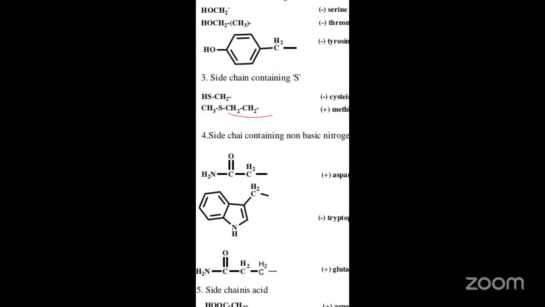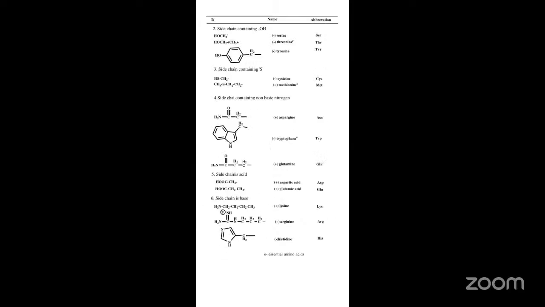So methionine and cysteine have sulfur atoms as part of their structure. Leucine, isoleucine. So these are some amino acids, with their different structures here.